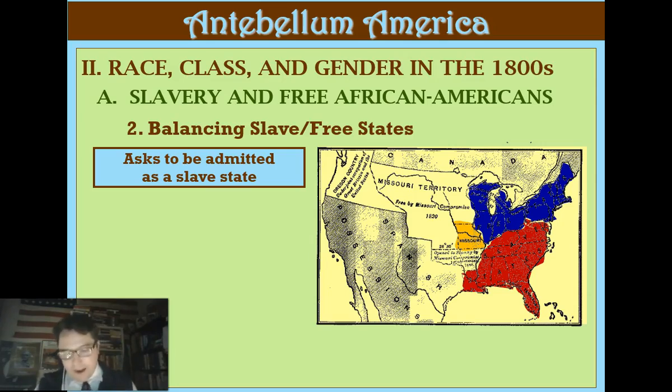Most Northerners in Congress feared that allowing Missouri to spread slavery into the West would just be a first step, and eventually slave states would vastly outnumber the free states.